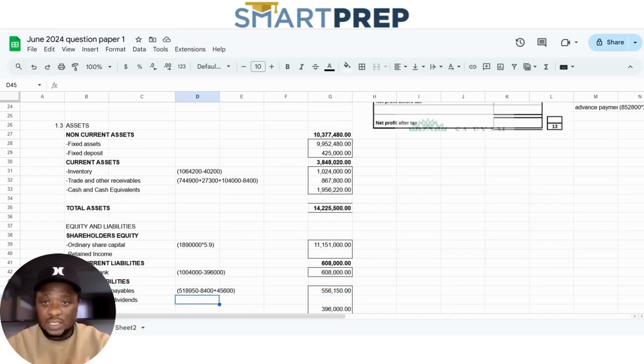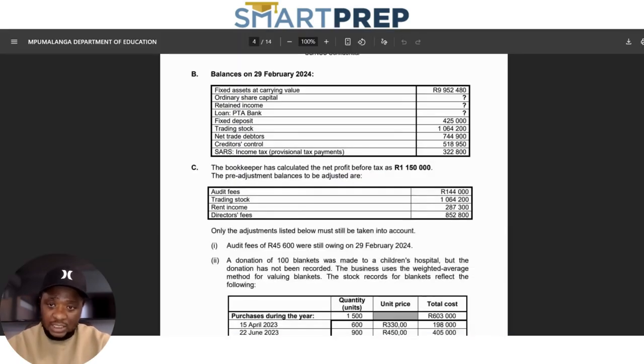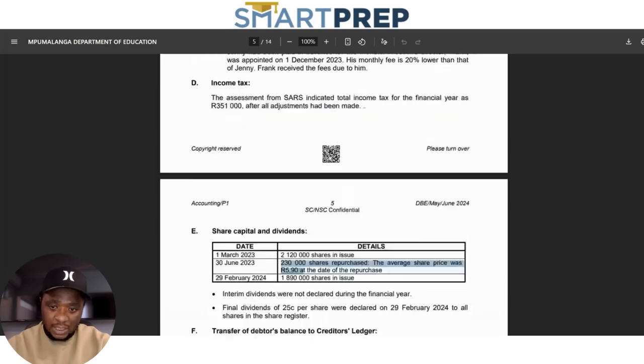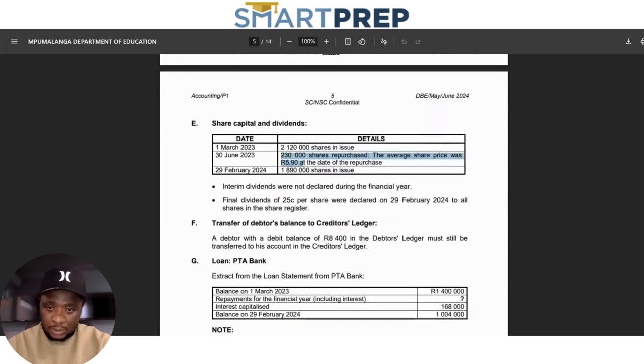Well, shareholders for dividends is basically our final dividend. So let's go find that information on the shares and dividends. Interim dividends were not declared during the financial year, all right? But then there's a final dividend of 25 cents per share to all shares in the share register. On the 29th of February 2024, the shares that are in the register are 1,890,000.